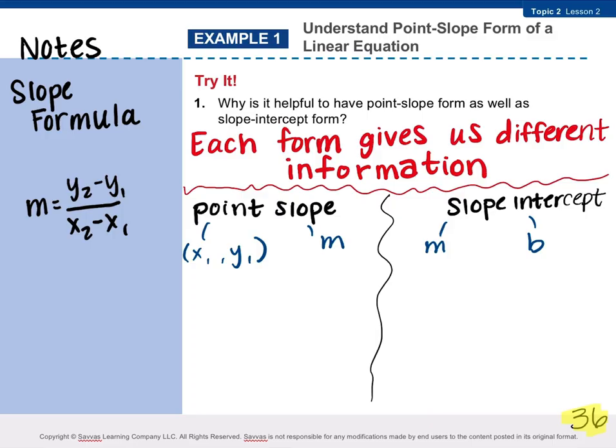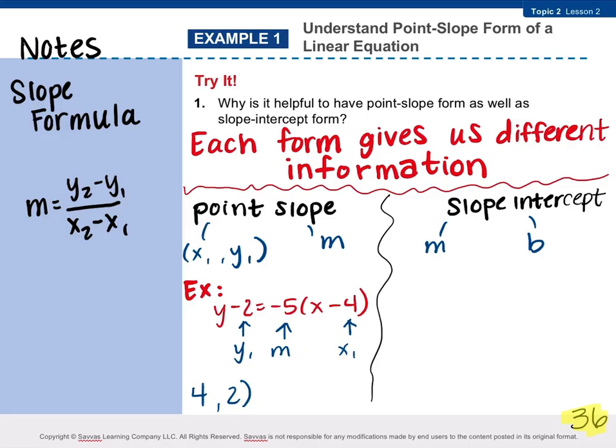If I imagine an example of point-slope form, maybe like y minus 2 equals negative 5 times x minus 4, from that equation I can pick out the slope m, my x1, my y1, and that tells me a point on that line is at (4, 2), x, y, and my slope is negative 5.